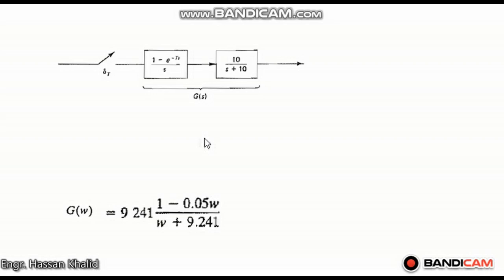Although both systems are almost similar, there is one major difference: the plant does not have a zero, whereas in the omega domain there is a zero at 1 minus 0.05 omega.